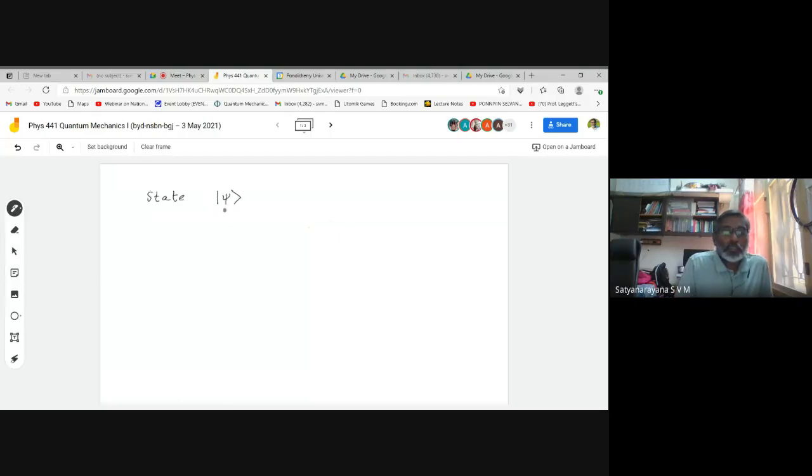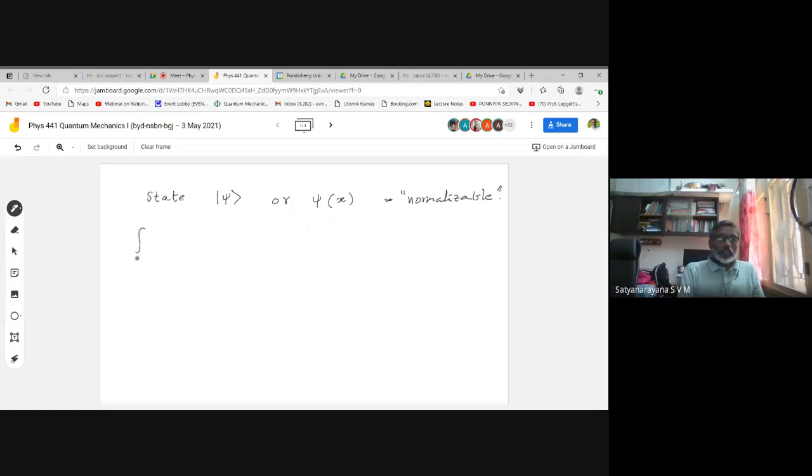Now this ket vector, or if you want to write it in coordinate representation, will be some kind of a psi of x. At this stage it doesn't have to be normalized, but it has to be normalizable. But then we can normalize this.